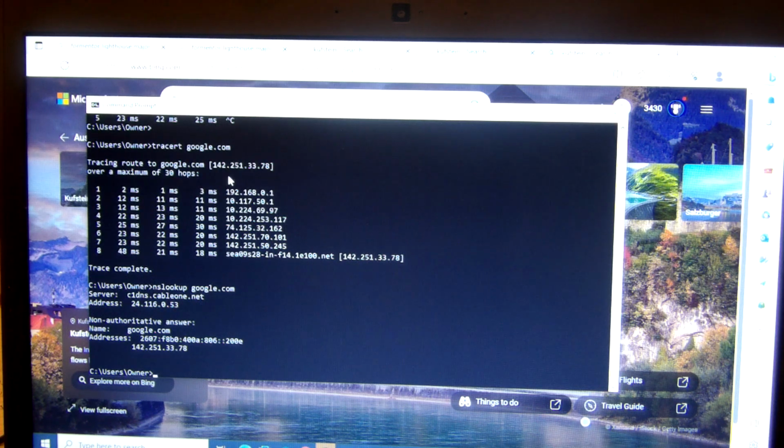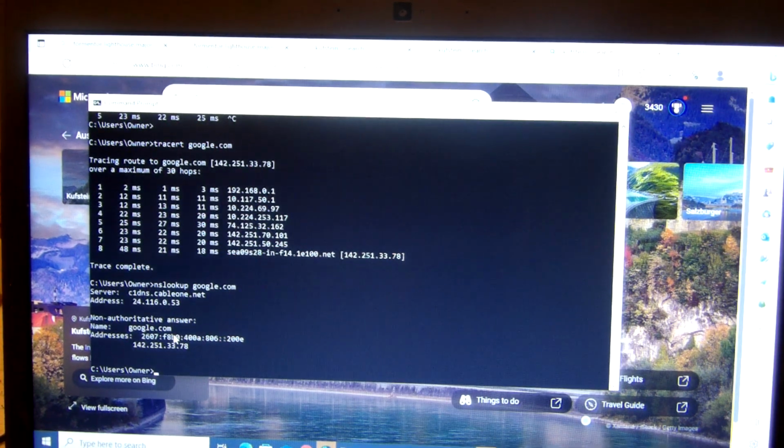It was with this command, nslookup, and it's not the name of the site. It gives you the ISP, the internet provider address, and then goes to this.